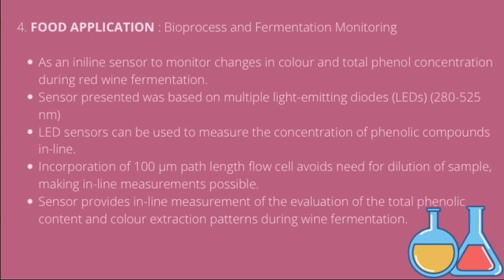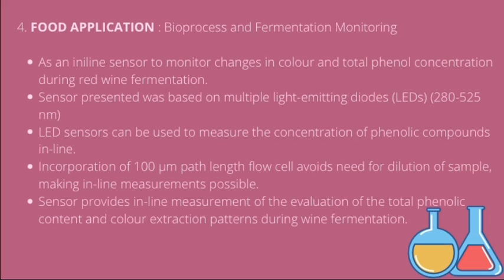Lastly, in food application, bioprocess and fermentation monitoring. The application of UV-VIS spectroscopy was evaluated as an inline sensor to monitor changes in color and total phenol concentration during red wine fermentation. The sensor presented by the authors was based on multiple light-emitting diodes, LEDs. According to the authors, these studies confirm that LED sensors can be used to measure the concentration of phenolic compounds inline.